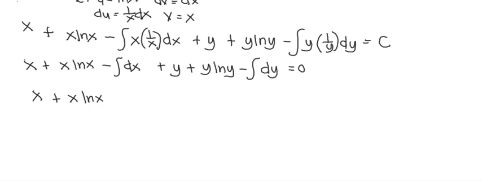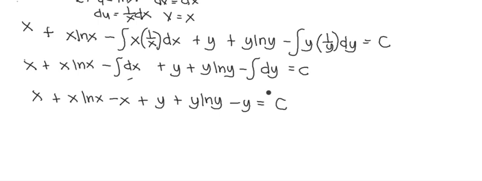The integral of dx is x, so we have negative x, and the integral of dy is y, so negative y. Then x minus x cancels out, and also with y. So the result is x ln of x plus y ln of y equals c.